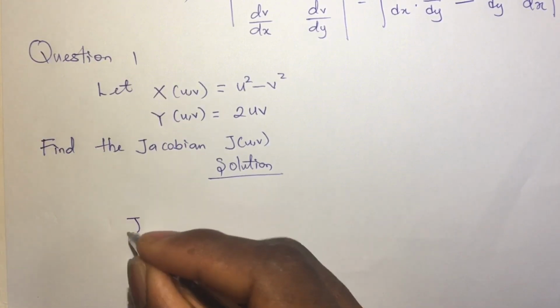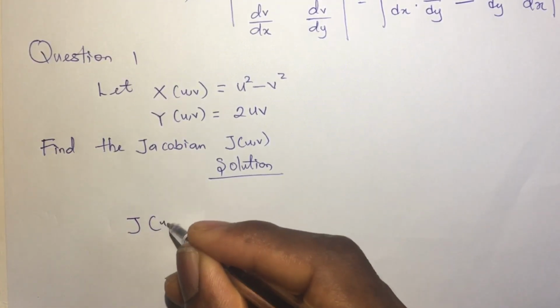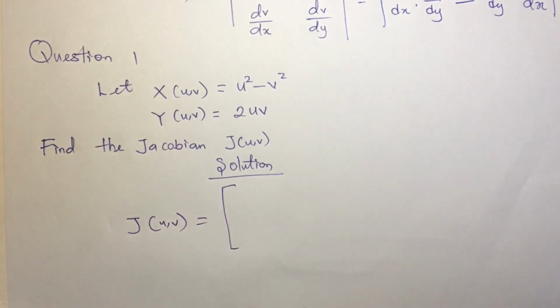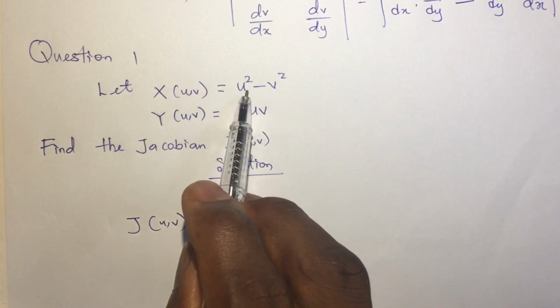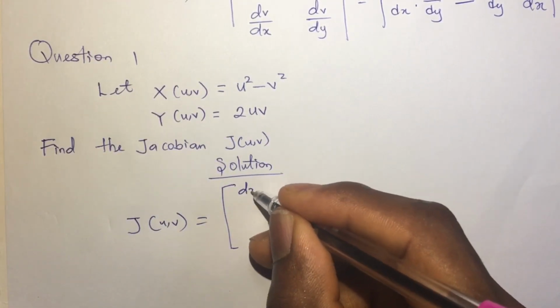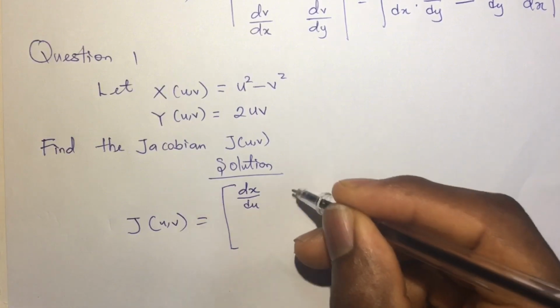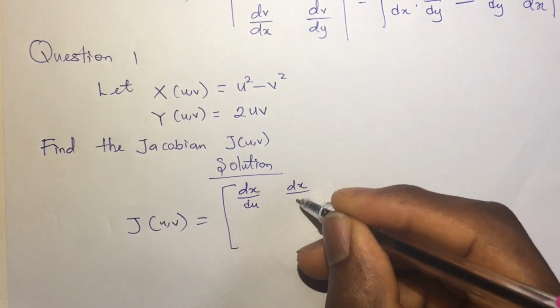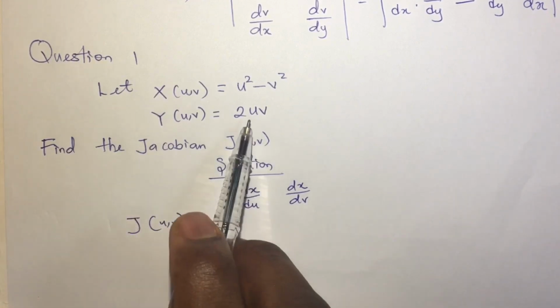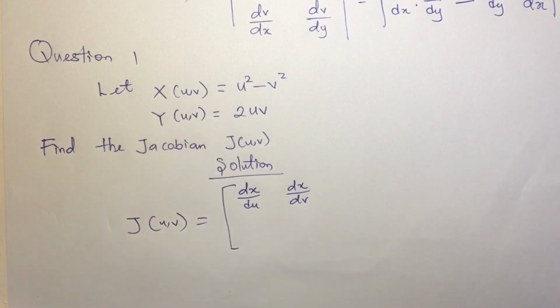We have that J(u, v) is equal to, now look for the ∂x over ∂u and the ∂x over ∂v. Now on the second function, we look for the ∂y over ∂u and the ∂y over ∂v.